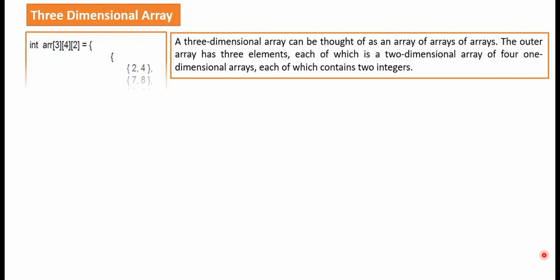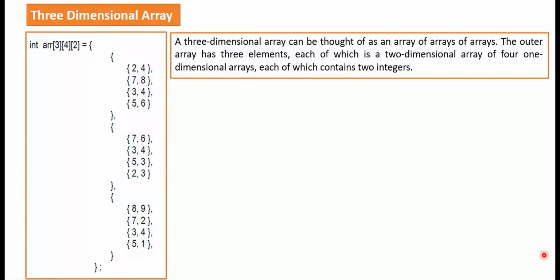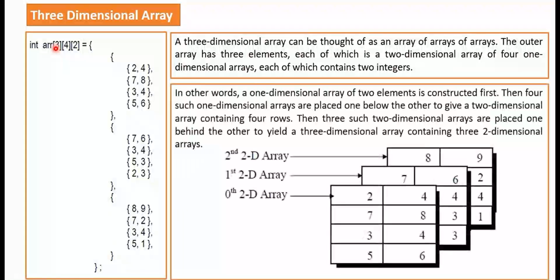Okay, by the time, just see the declaration, how we can declare a 3-dimensional array. Here you can say 4 and 2 are the rows and columns, but 3 you can understand as the depth, or the pages. So here is the example. You can see this is page 1, this is page 2, this is page 3.